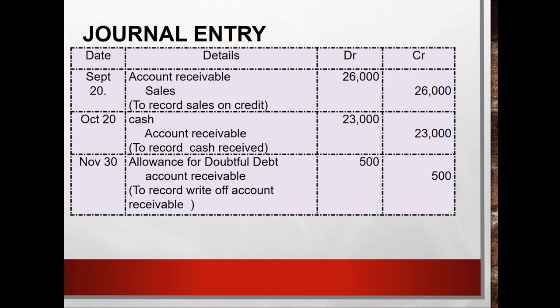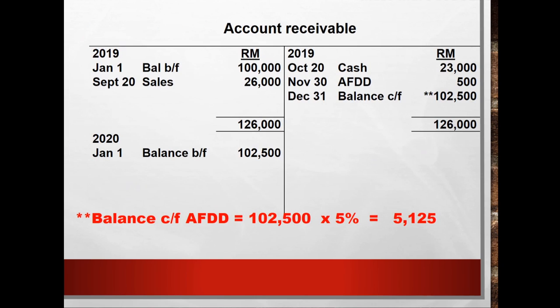And now the first step, when you want to apply the percentage of account receivable, we have to calculate the balance carried forward of account receivable. So we have to open account receivable and add all the transactions that relate to account receivable.